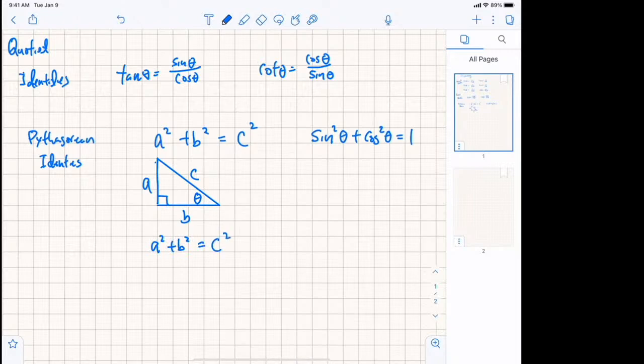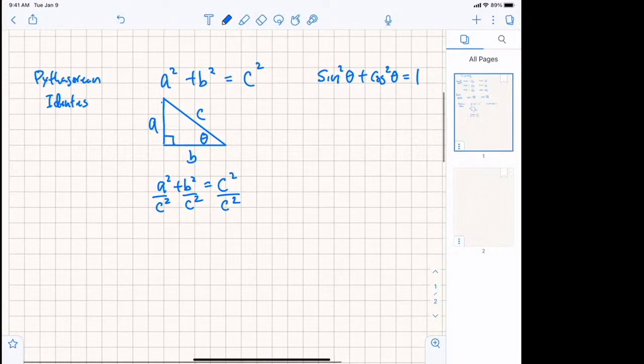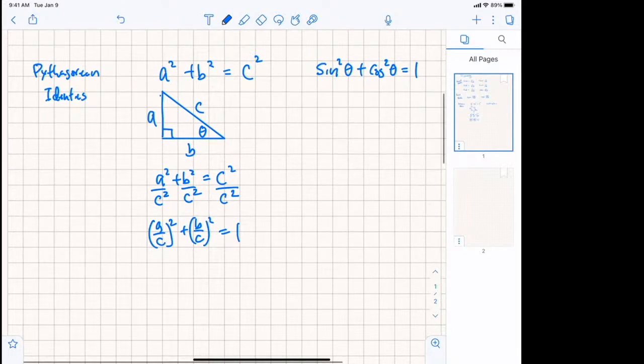You don't really need to know this proof, but I want students to see where it comes from. You divide the whole equation by C squared, and that gives A over C squared plus B over C squared equals 1.